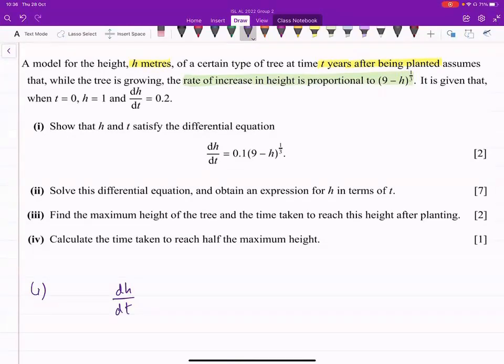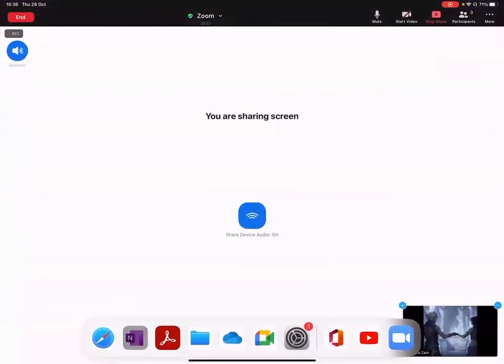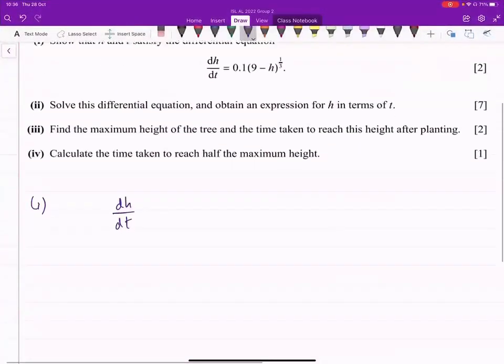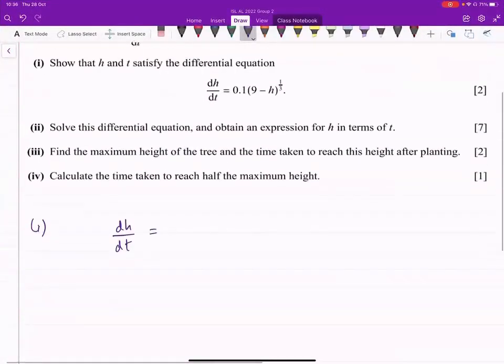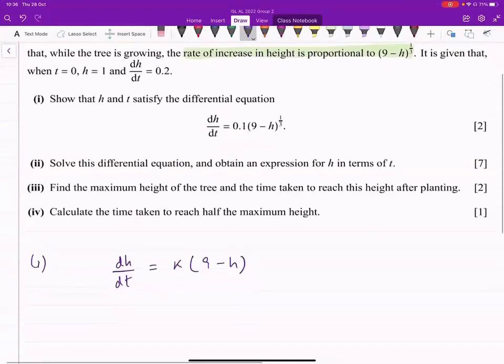If it doesn't state that explicitly, you assume that to be directly proportional. ठीक है, उसने आपको नहीं बताया directly है, inversely है, आपने उसमें क्या करना है, directly assume करना. Okay? So dh over dt, that's equal to k times 9 minus h whole raised to power 1/3.